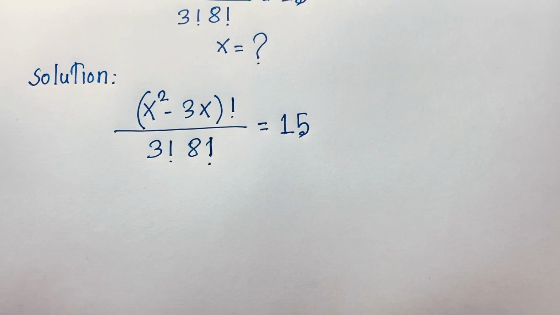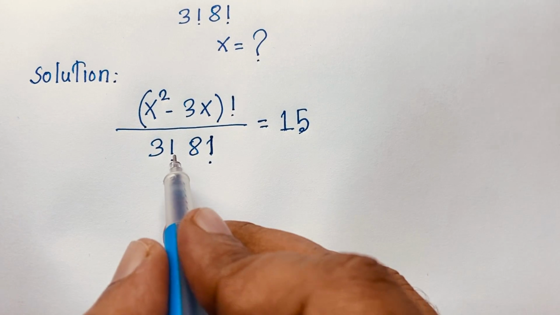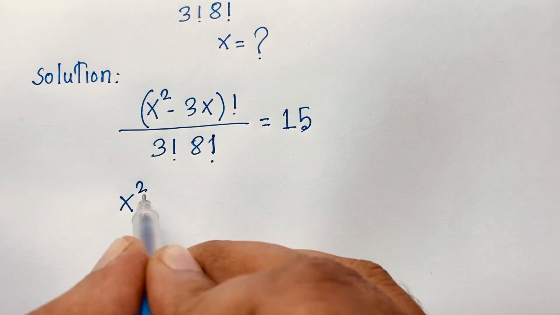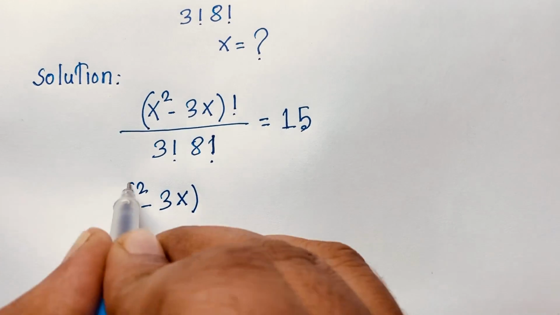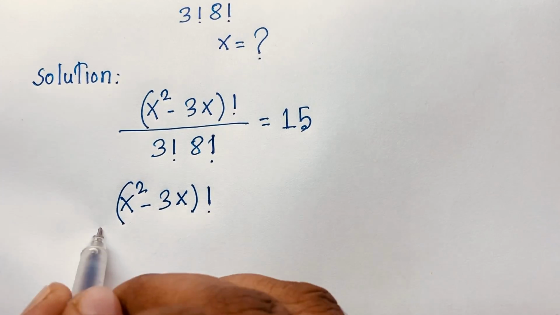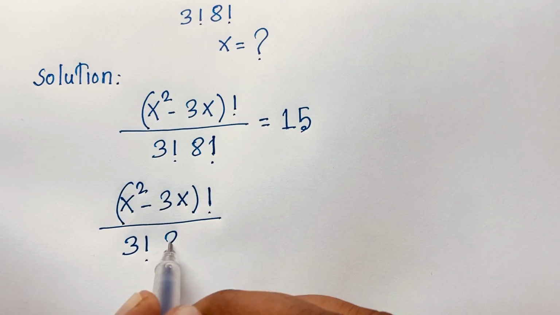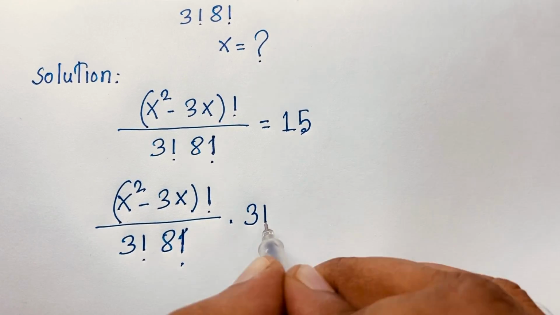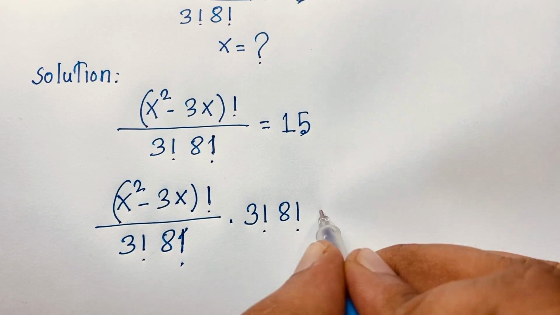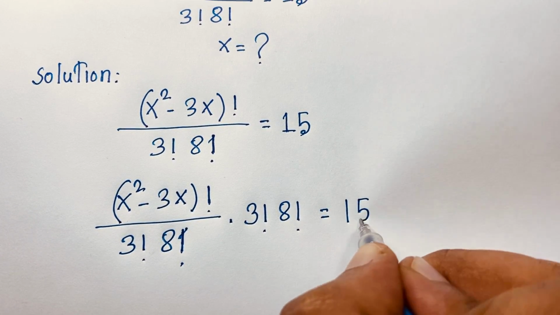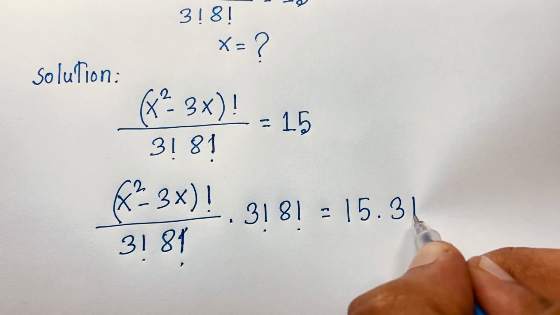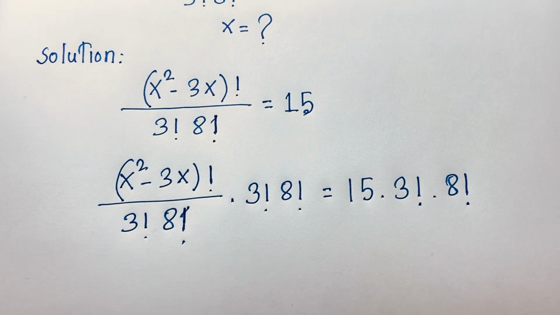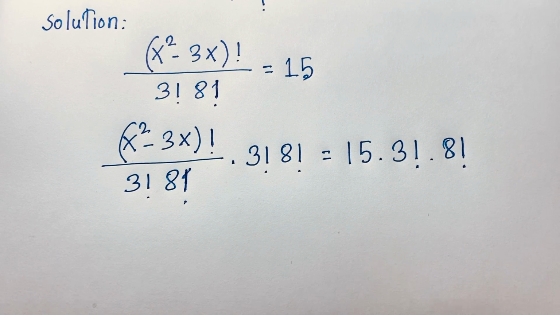Now I multiply both sides by this value so I can easily simplify this expression: (x² - 3x)! over 3! 8! times 3! and 8! is equal to 15 times 3! times 8!. I multiply both sides by 3! times 8!.